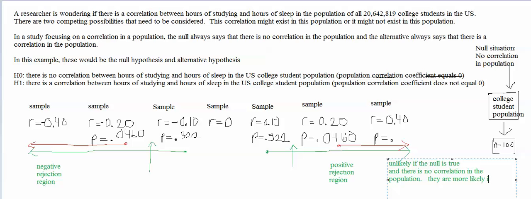They are more likely if there is a positive correlation in the population. So you're more likely to get one of these stronger positive correlations in your sample if the population actually does have a positive correlation inside of it.